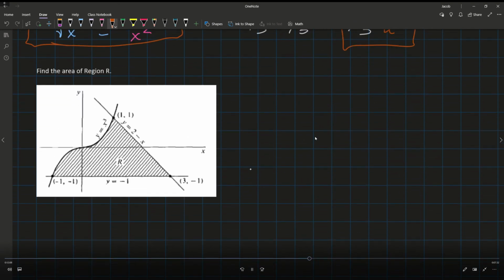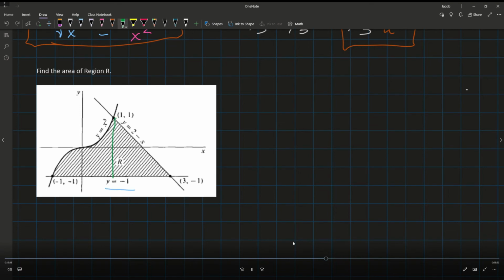This is finding the area of the region R, and it's a little tricky because we're integrating with 3 functions, and it goes below the x-axis. And we've also got like a separation between spaces.